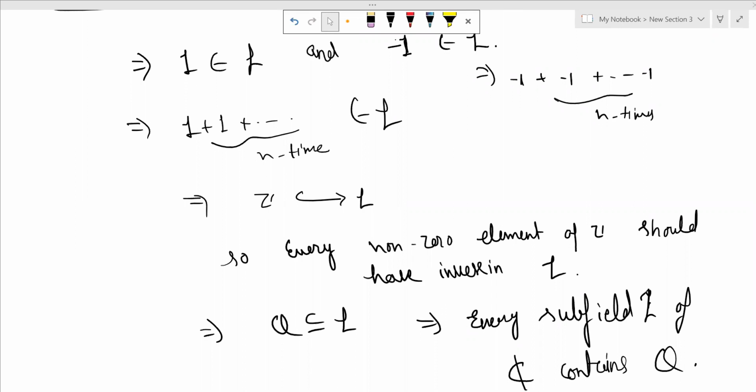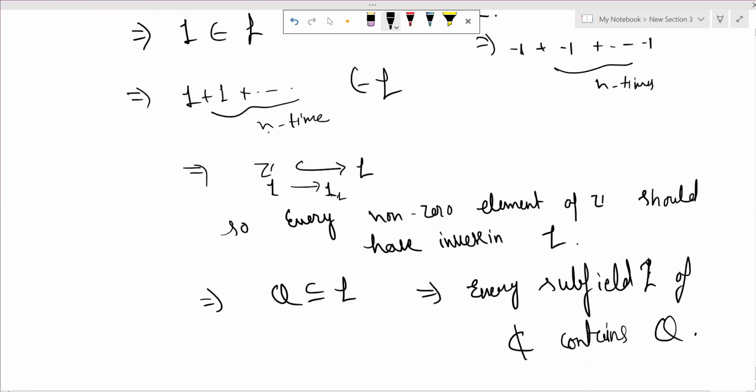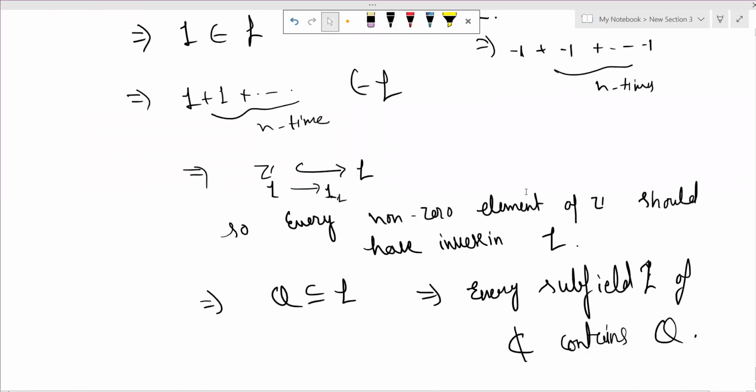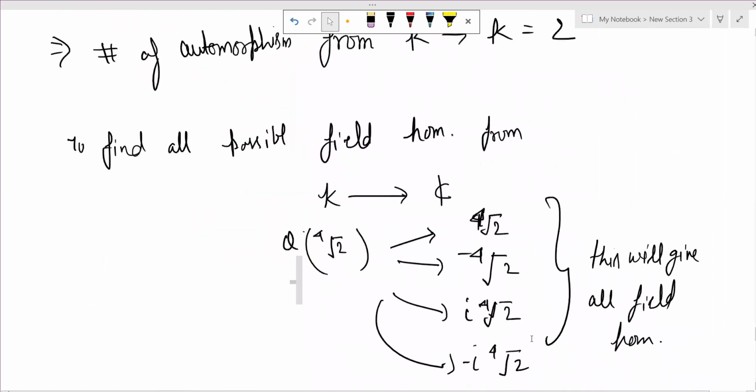It is just 1 of Z going to 1 of L, the same object, so it is defined uniquely. Now by the same argument, since every non-zero element in Z should have an inverse in L, Q should be contained in L because L is a field. This implies every subfield L of C contains Q. So is this clear or not?